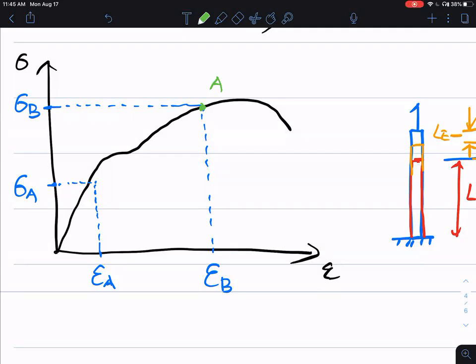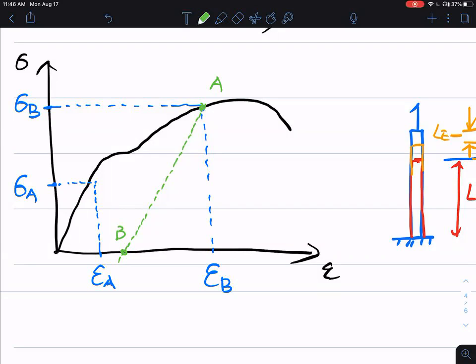Which means draw a parallel line to that linear region and pass through point A. I think everybody can do that. Draw a parallel line. And the parallel line should have an intersection with your x-axis. Here's our intersection. Let's call that point B.